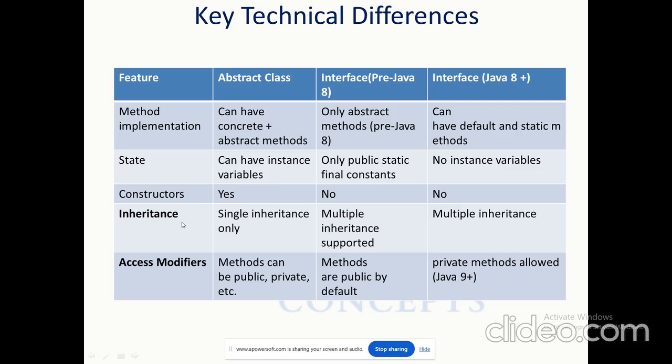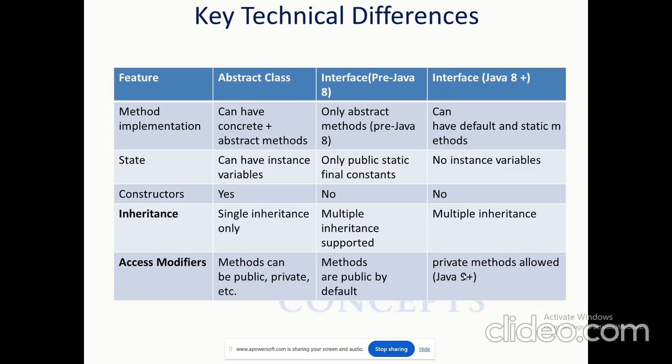As we know, with respect to inheritance, single inheritance is allowed in abstract classes and multiple inheritance is supported in interfaces. With respect to access modifiers, methods can be public, private, and prior to Java 8, in interfaces, the methods are public by default, and post Java 8, default and static, and even post Java 9, private methods are allowed.